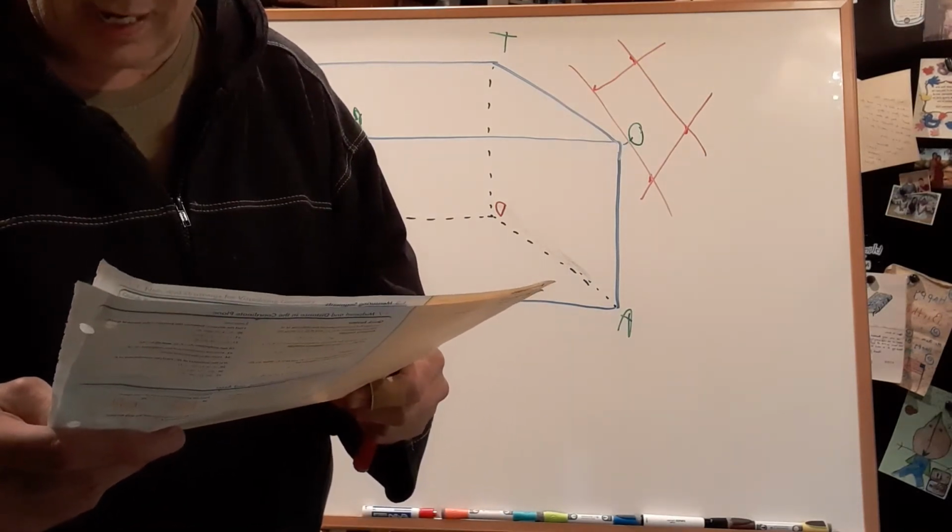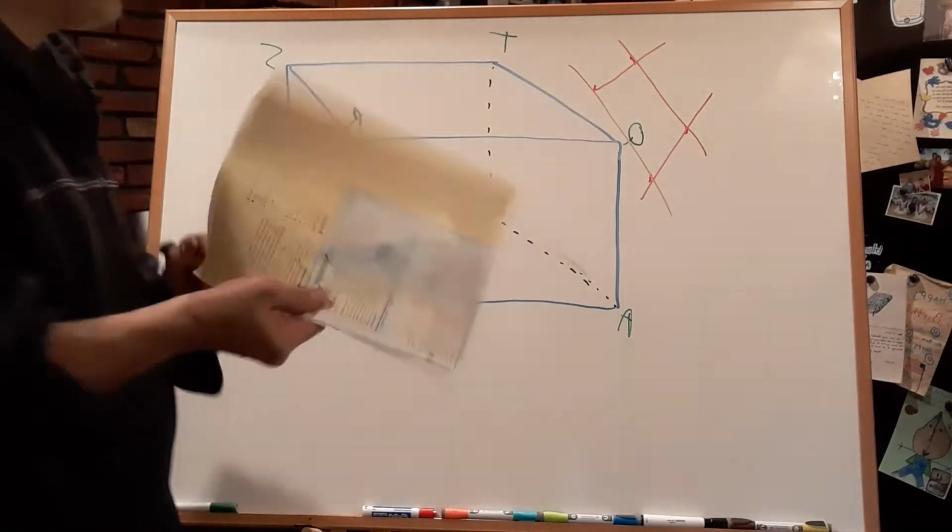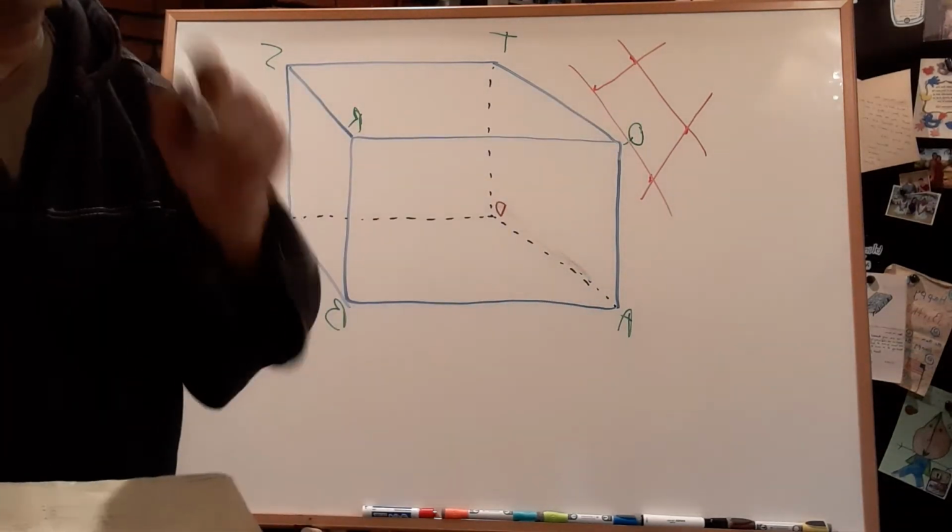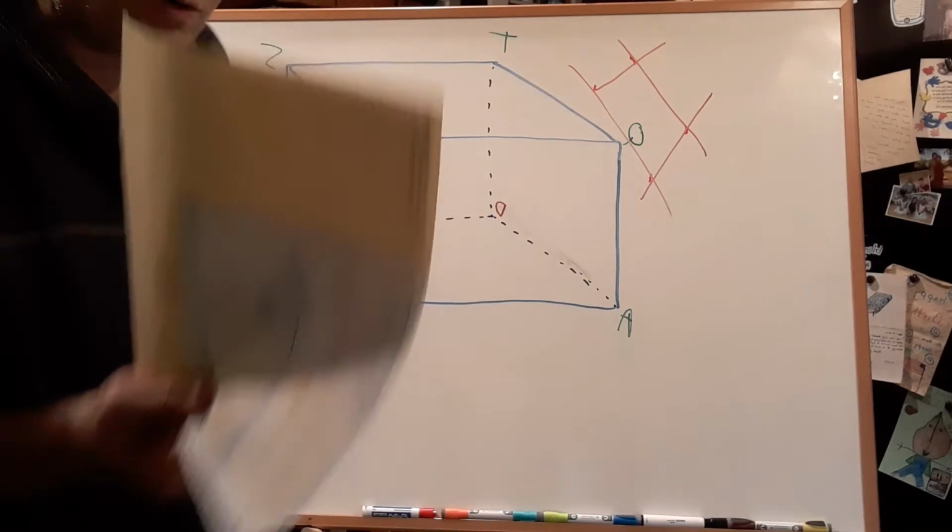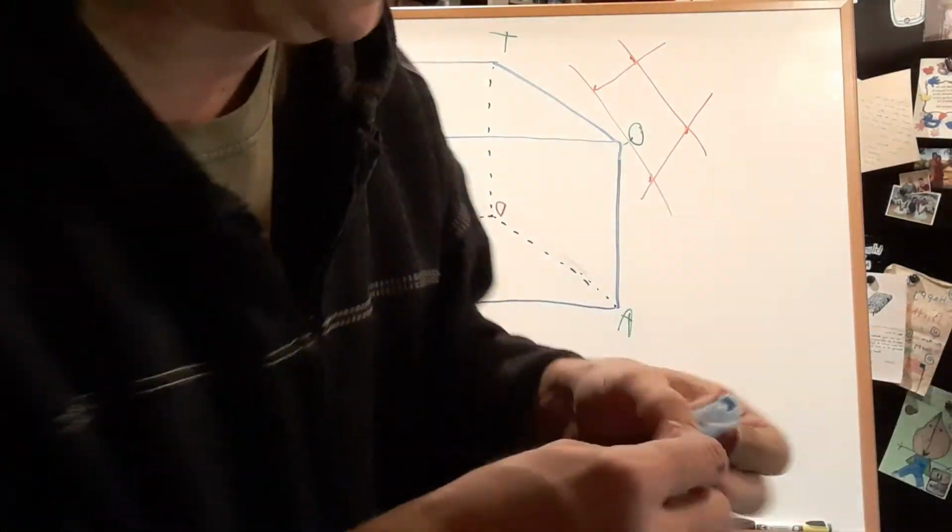LM and NL are the same ray. Remember, the arrow makes a difference, and which letter we're talking about makes a difference.